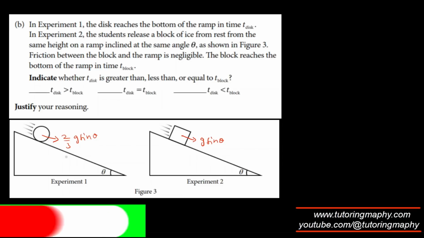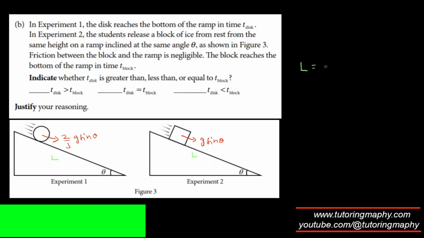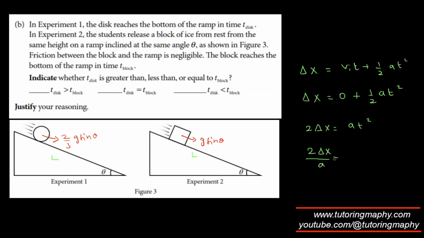So if we use the equations of motion, we know that this has to be L for both the cases because this is identical. The second equation of motion is change of x is equal to v initial times t plus half a t square, correct? Initially it is released, so that's 0, leaving half a t square. Multiplying both sides by 2, 2 delta x is a t square, dividing by a, 2 delta x over a is t square.